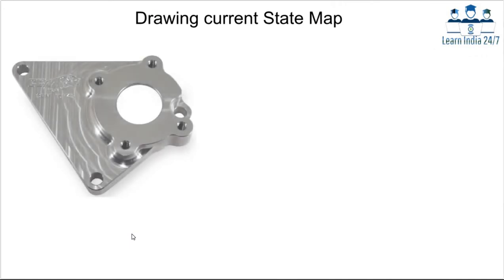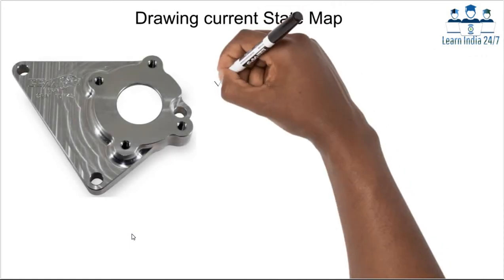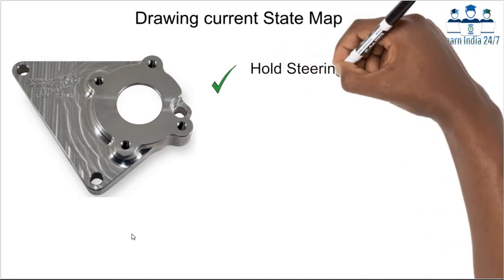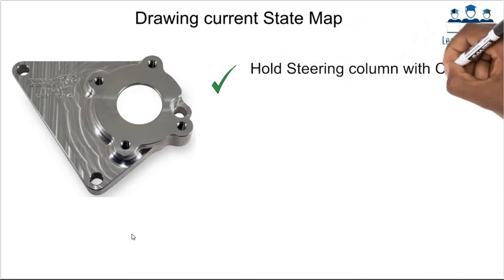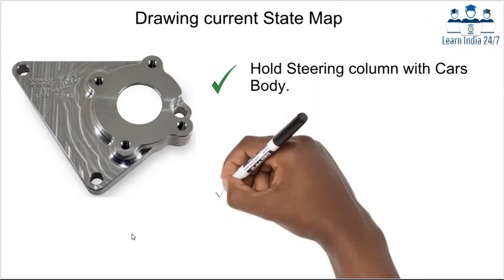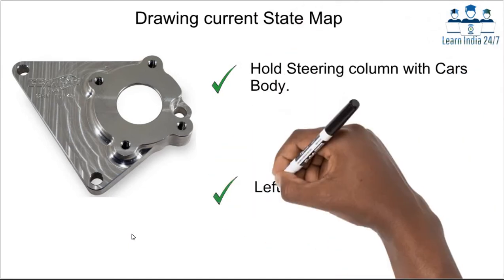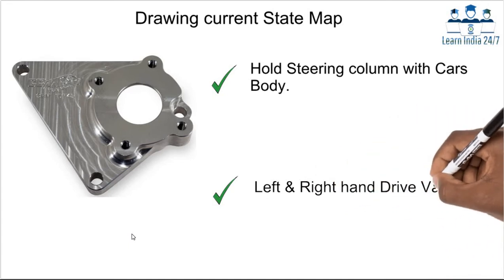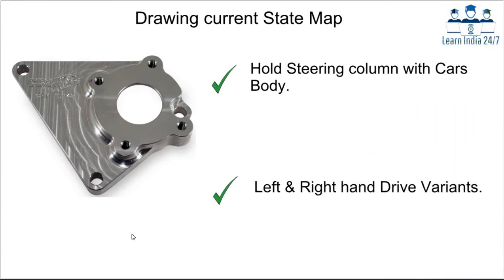This component folds the steering column to the body of the car and is produced in two variants, one for left-hand drive cars and the other for right-hand drive cars. As there is no variation other than this, the product family is very narrow in this case.